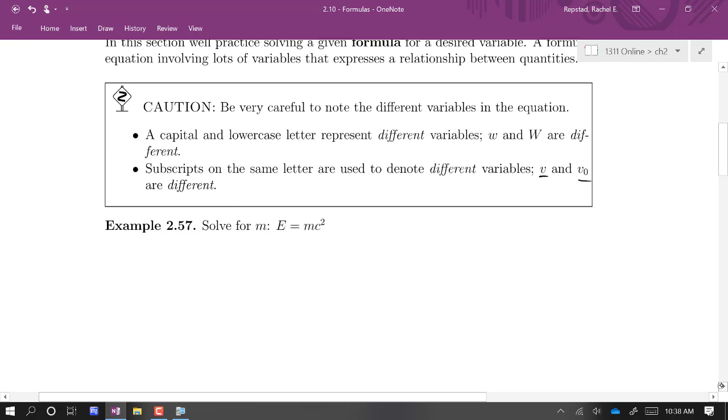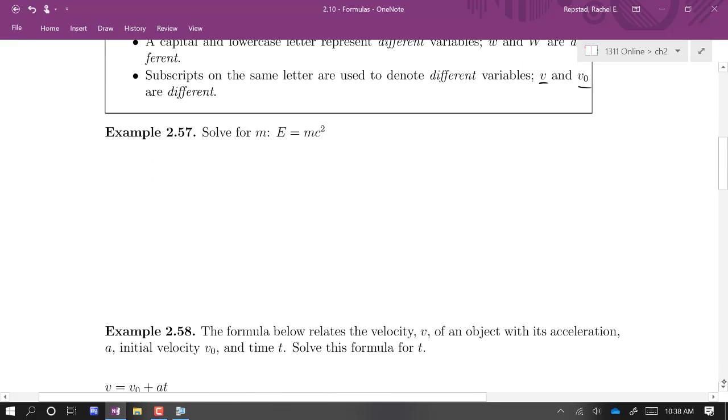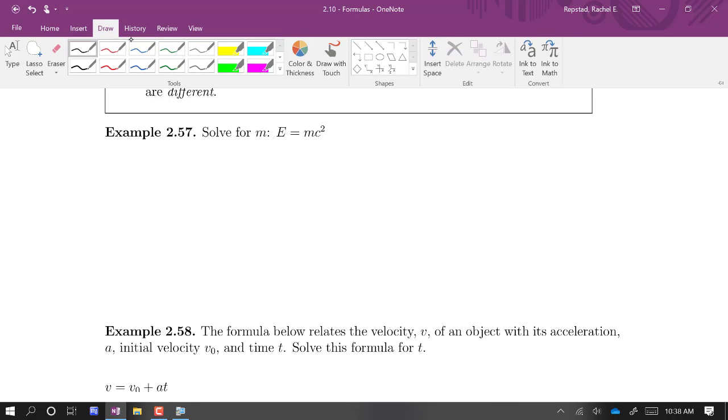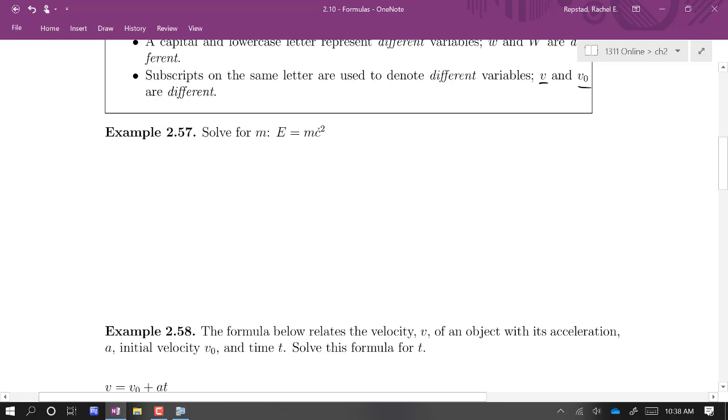Let's start off. Here's a familiar formula, E equals mc squared. This formula is set up to solve for E, right, if we know the values of m and c. So if we want to rearrange this to solve for m, well, in this formula, m is being multiplied by c squared, so we want to undo that. I want to divide by c squared, which I can do as long as I divide by c squared on the other side.